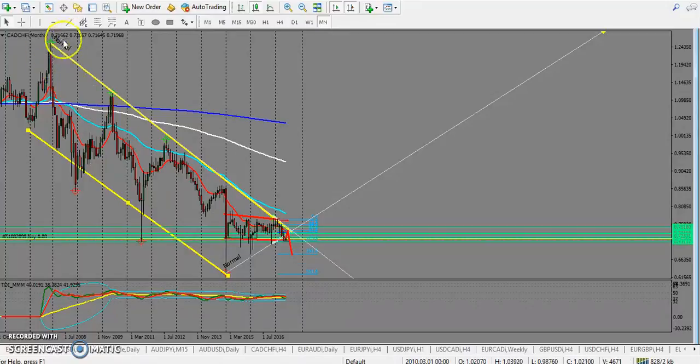Then it would probably bounce off the 1618, make a retracement, and then continue down. So it could do that, or it could actually break.